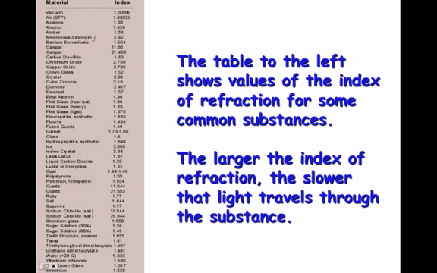The larger the index of refraction, the slower light would travel. So, for example, crystal has an index of refraction of 2.0, air 1. So crystal would slow light down more than air. Salt, really high.